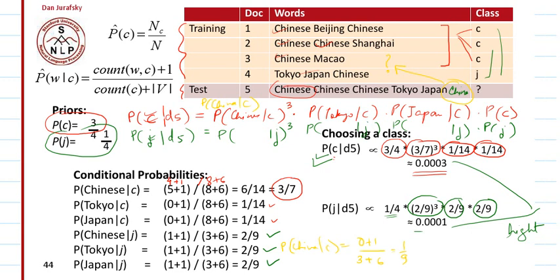Sorry, it is 8, so this will become 1 by 14. So 1 by 14 is the probability of that particular word which is not present in the training data.